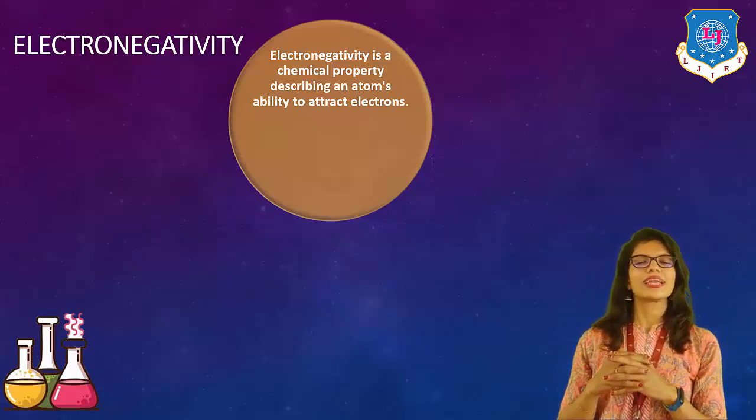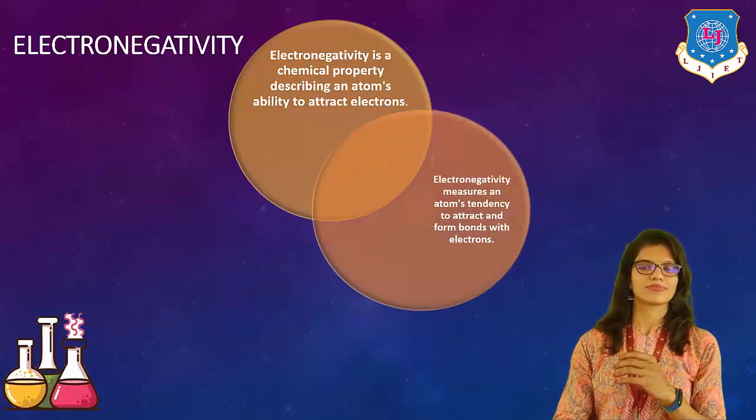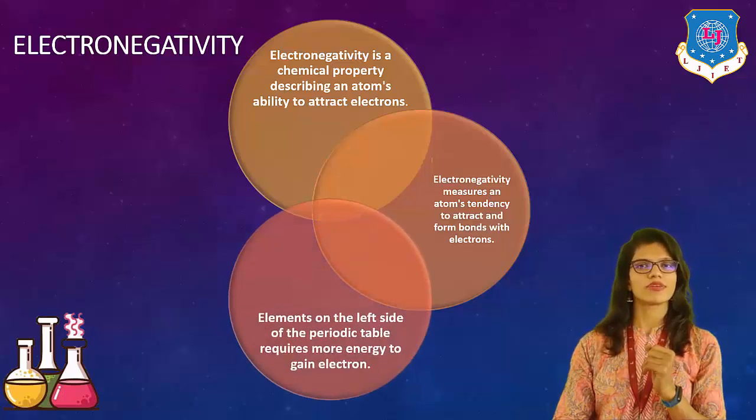As the electronegativity value increases, their acceptance also increases or their attraction increases, right? So, it's a measure of an atom's tendency to attract and form bonds with the electron.